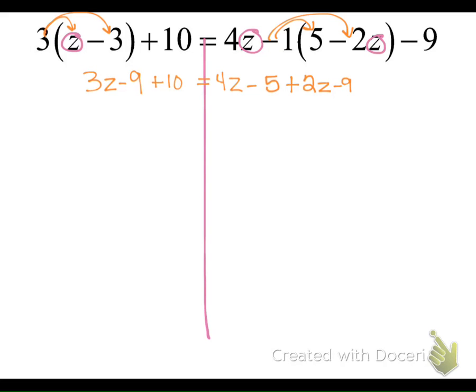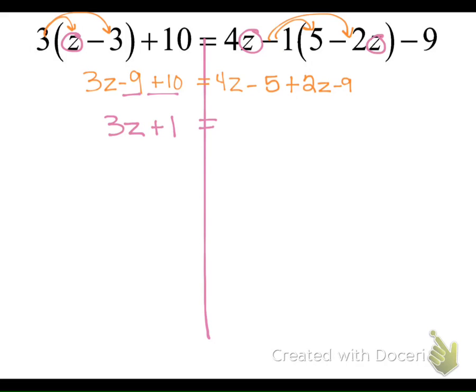That's okay. So let's go back to the left side. After you distribute, then what do you do? You combine like terms. So what are my like terms? Negative 9 and positive 10. When you bring this down, what should I bring down first? The 3z, and it's positive. What are my like terms on the right side?